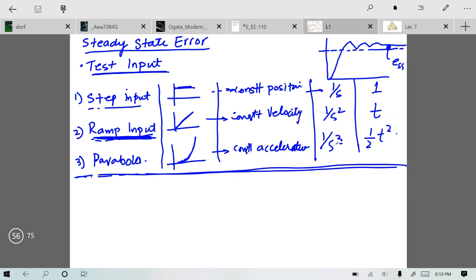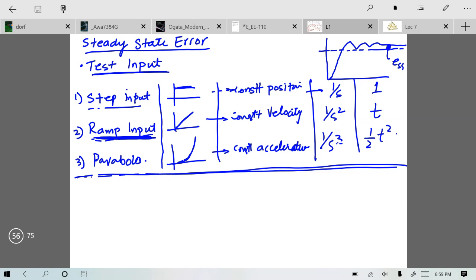Ideally, it shouldn't be there. So what is the cause due to which steady state error arises?